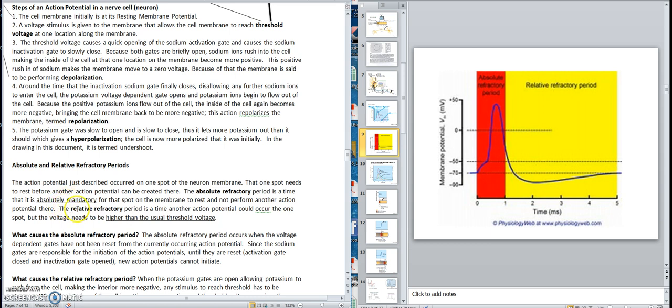The relative refractory period is a time another action potential could occur on that one spot.